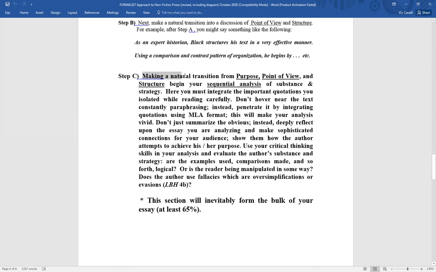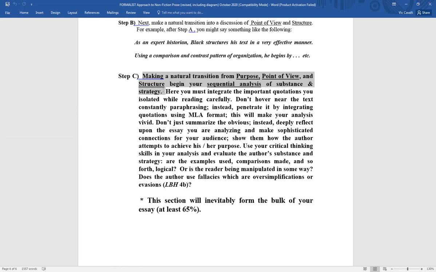Making a natural transition from purpose, point of view, and structure, begin your sequential analysis of substance and strategy. So sequential analysis, as I mentioned earlier, simply means that you follow the sequence of the original text. You don't start with the conclusion, then jump back to the intro, then go to paragraph 11, then to paragraph 4. No, you move from paragraph 1, 2, 3, 4.